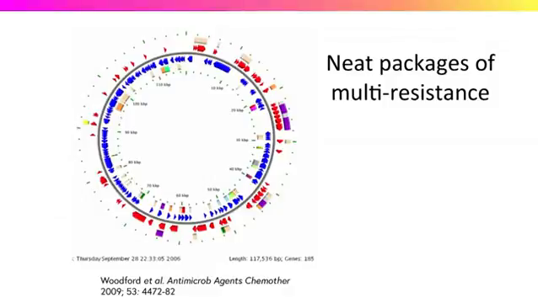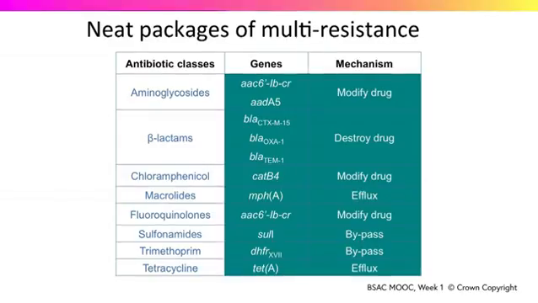That's shown here on this table, a plasmid that confers resistance to 8 different classes of antibiotics. You can see that even within a particular class, beta-lactams, aminoglycosides, this plasmid contains more than one gene responsible for resistance.